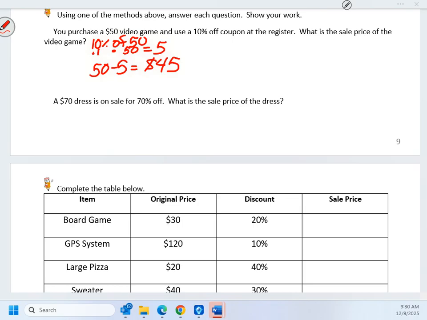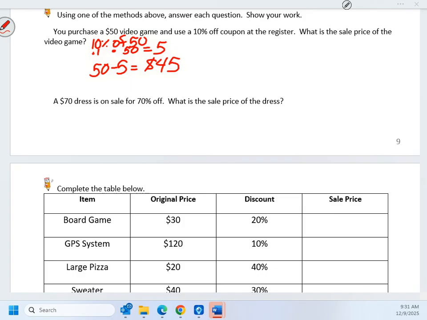Let's look at our second method. What equation should I write out? Haley? 70% of $70. Oh, that's the first method. Let's try using that second method with that formula. Original with the parentheses.